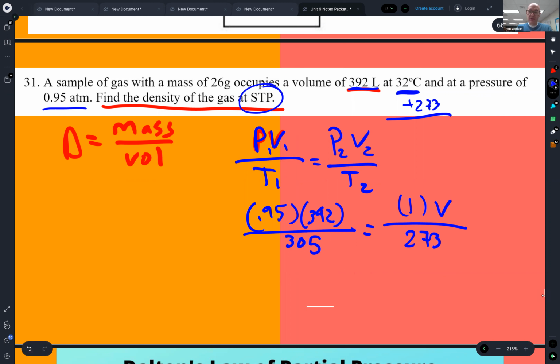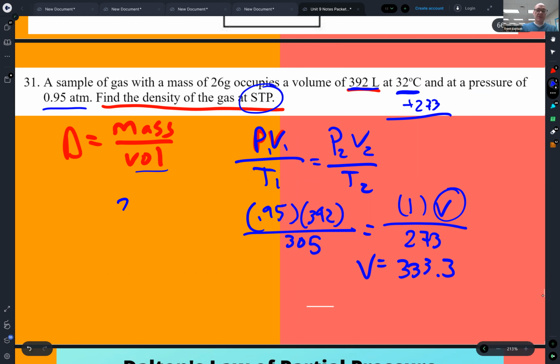Then we'll have the volume, if we solve for this, that we can plug into our density formula. So I've got 0.95 times 392 times 273 as we cross multiply, divided by 305. And what we get is our new volume is 333.3. We could just round that to 333.